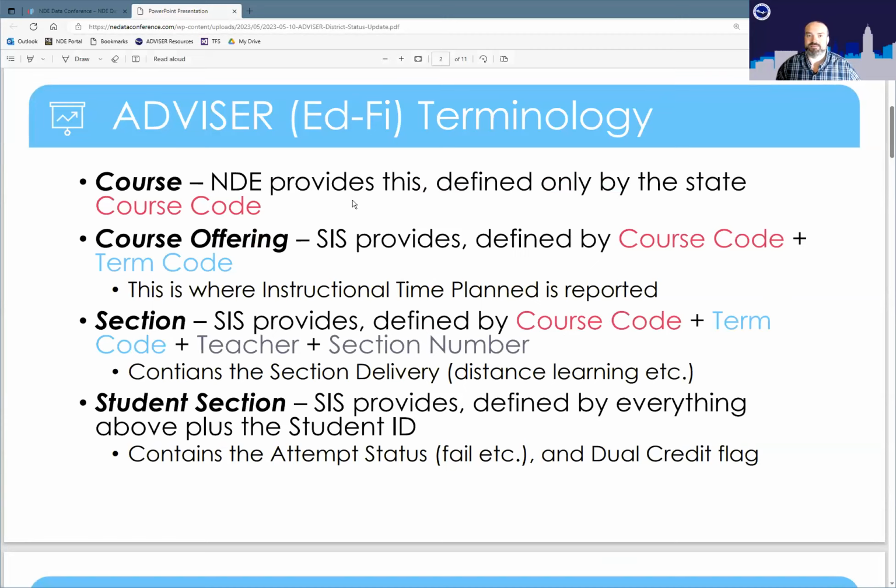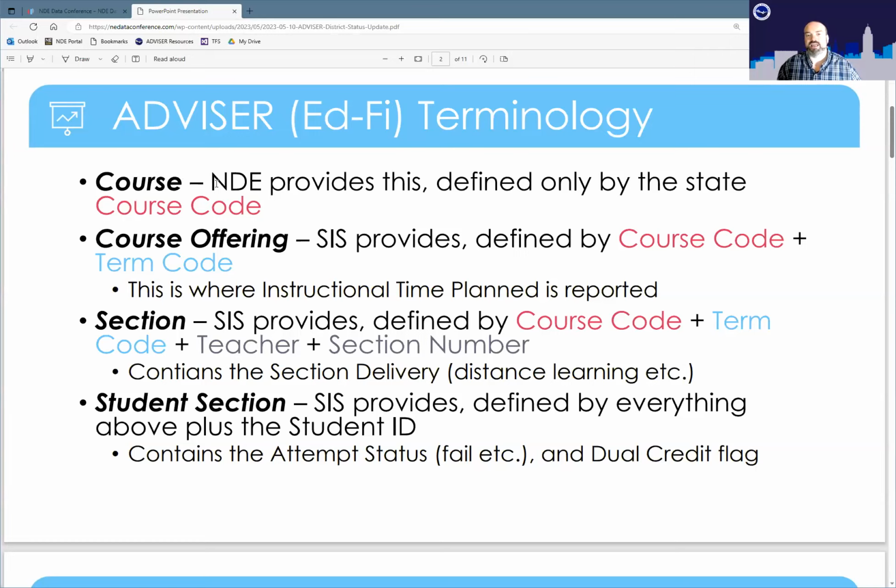So this is the official EdFi terminology here, which may not really match the terminology you think of when you're working in your student information system. But as far as advisor and EdFi itself defines it, at the very top level, there is a course.